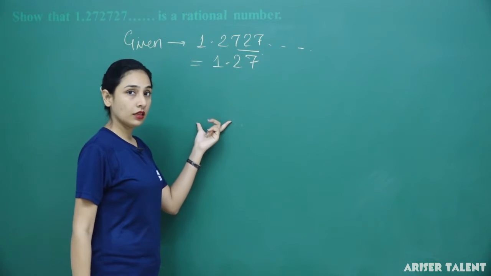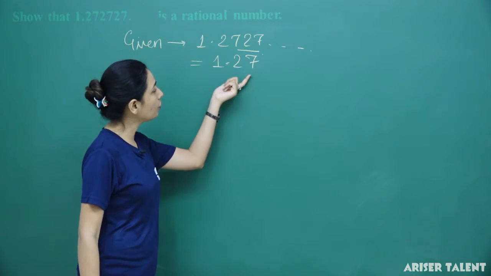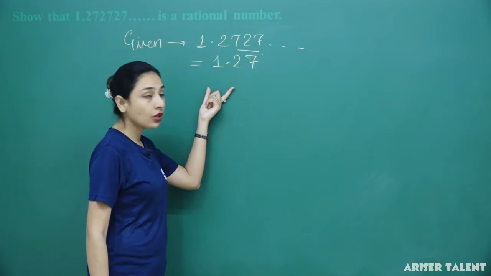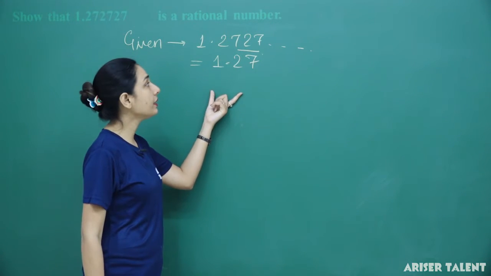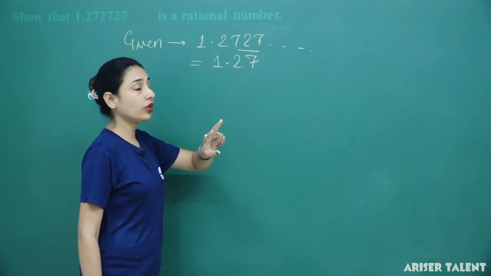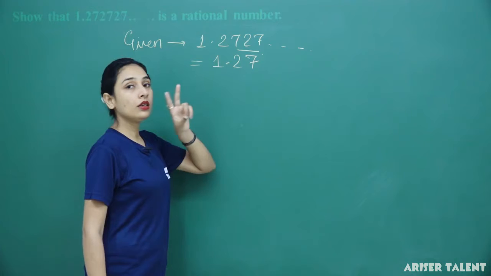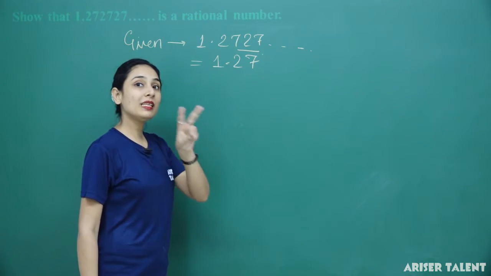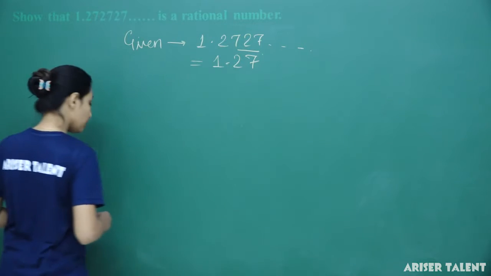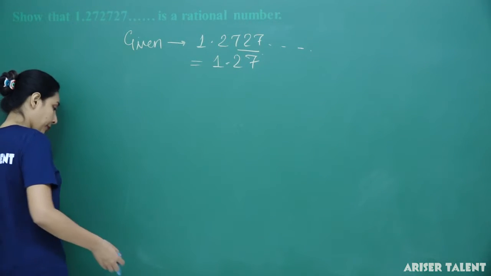Okay, now we have to calculate this and you will say that ma'am, in that previous one we multiplied it by 10. Now how will I know whether I have to multiply by 10 or 1000 or 100? So we are having bar on these two numbers, okay. Two numbers are repeating, so what will we do? We will multiply by 100. 100 is having two 0s, that makes sense to you, okay.